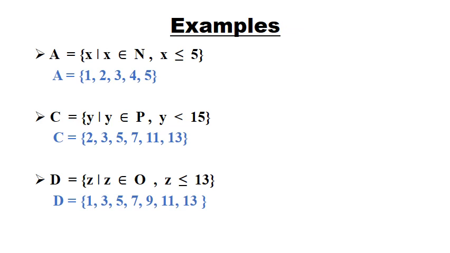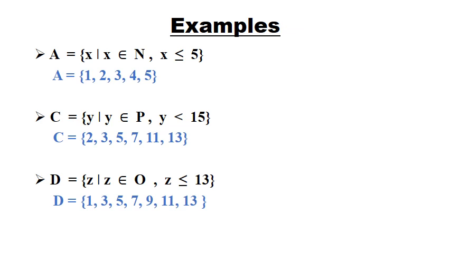Let's see the second example, which is y such that y belongs to P and y is less than 15. So what is P? P stands for prime numbers, and prime numbers are those numbers which have only two divisors, 1 and itself. So there are two properties in this set: all the numbers will be prime numbers, and the second property is y is less than 15.